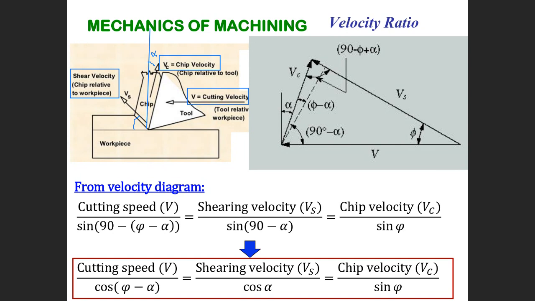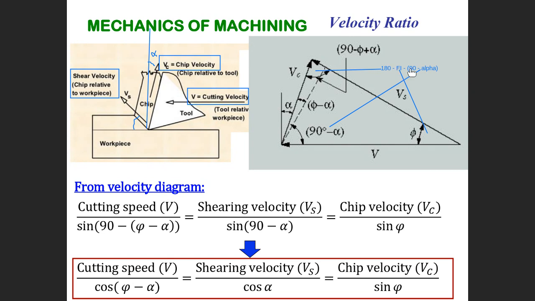This is phi, this is 90 minus alpha, and then you get the third angle.